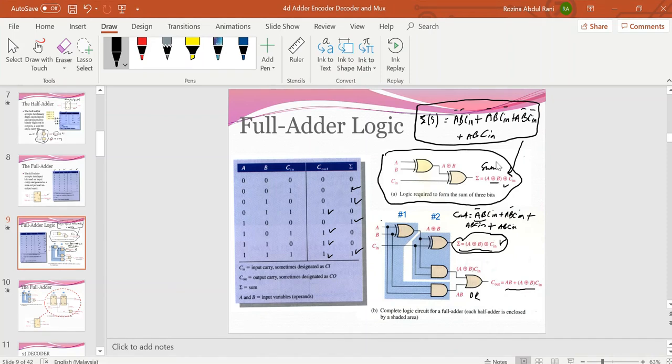So this is the Boolean function for C out. If you simplify this Boolean function, you get this Boolean function for C out.